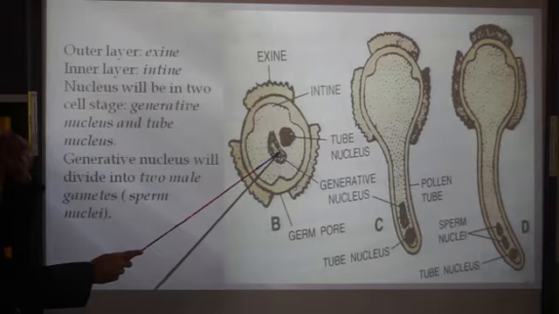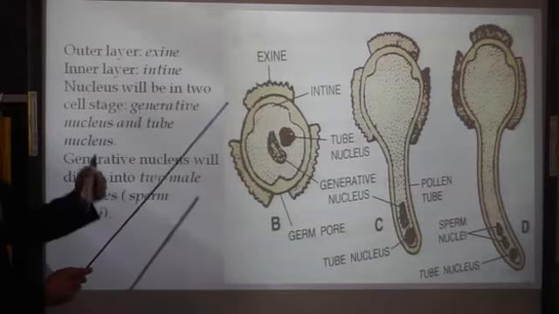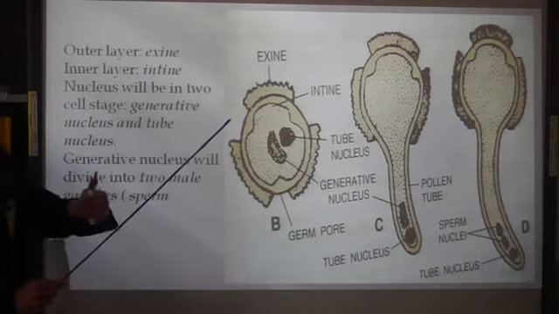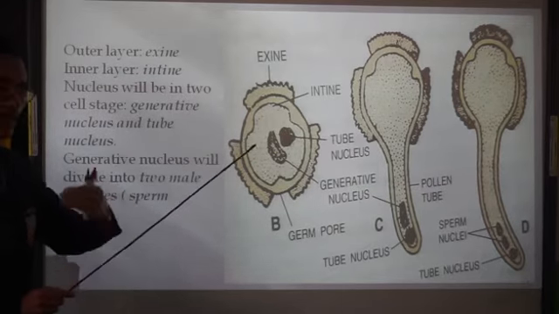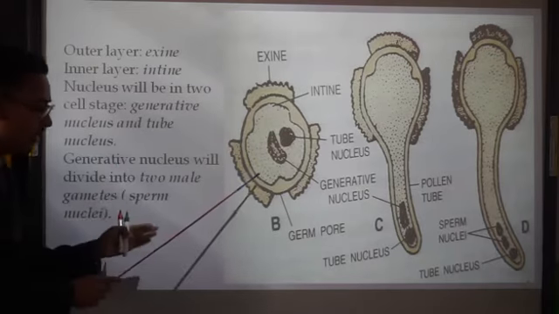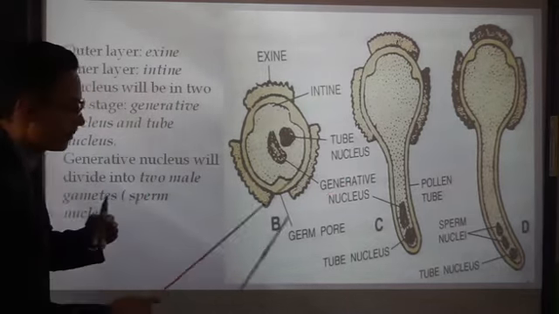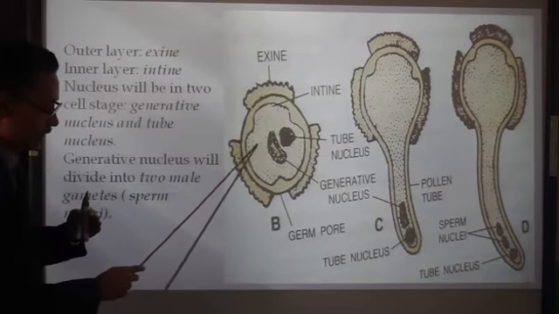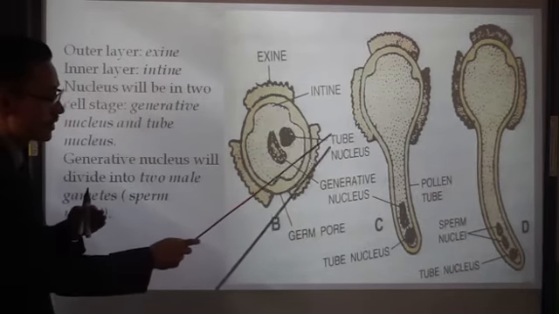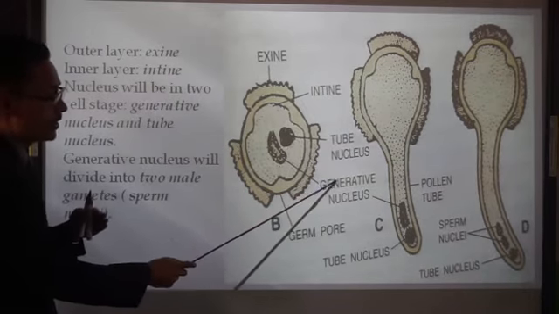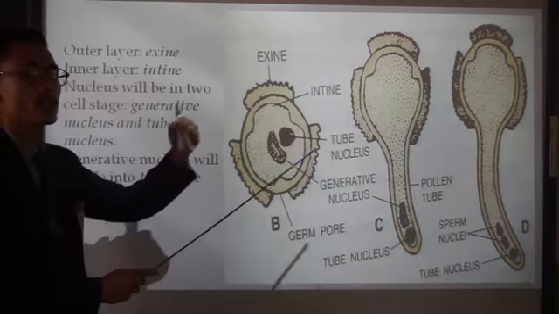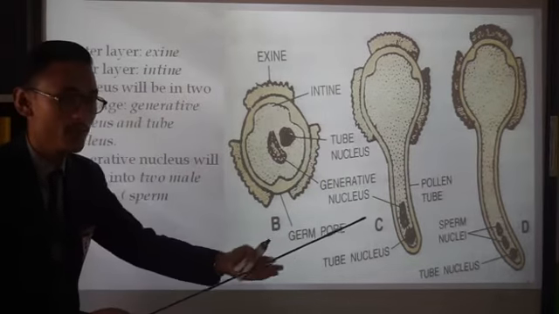Alright? Next thing now. After the pollen grain matures, after maturation, the pollen grain has to be transferred from the anther to the stigma. So at this stage, when the pollen grain contains the tube nucleus and generative nucleus, it will be transferred to the stigma, which is called pollination.